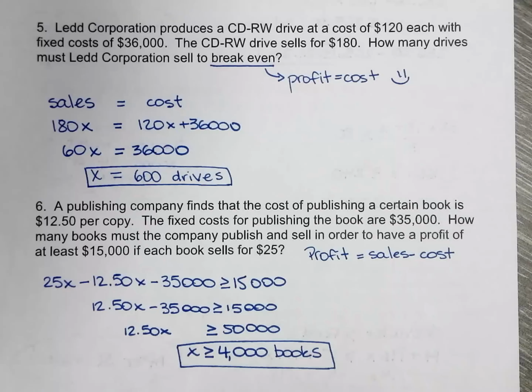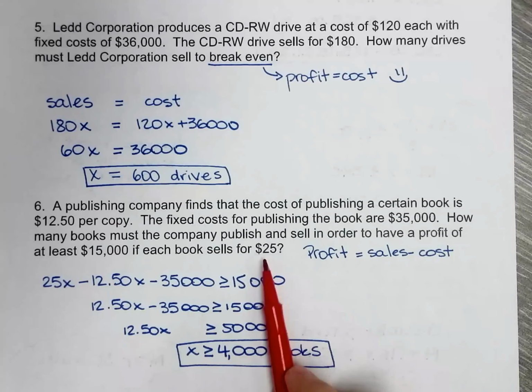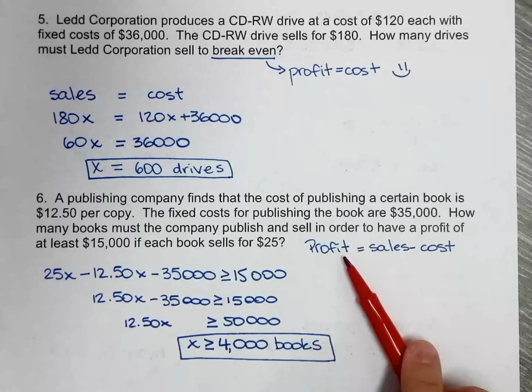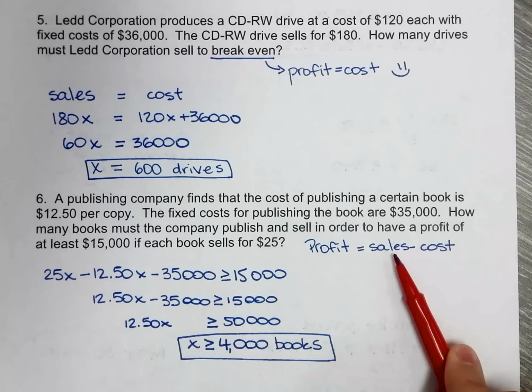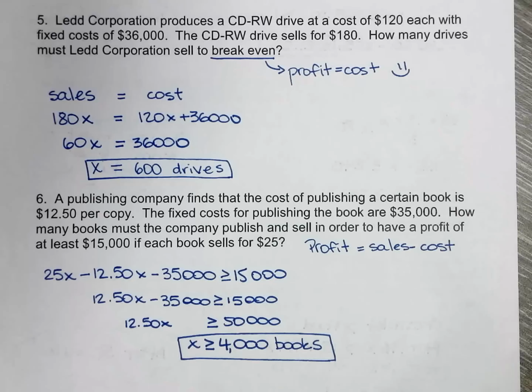How many books must the company publish and sell, not just publish, in order to have a profit of at least $15,000 if each book sells for $25? Profit is what you have left over from your sales after you paid for everything, so the sales minus the cost.